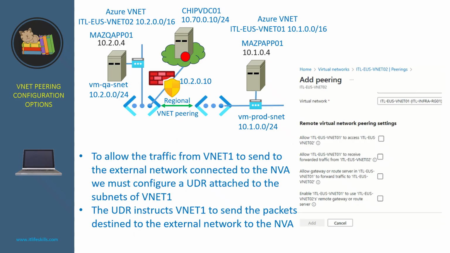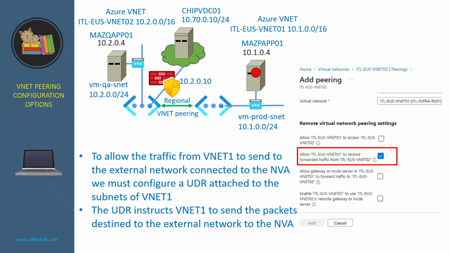For example, if we want to send a network packet from CPVDC01 to MAZP app01, the packet will go like this. When this option is not enabled, then VNet1 will drop the packet. However, when this option is enabled, then VNet1 will accept the packet and forward it to MAZP app01 like this.